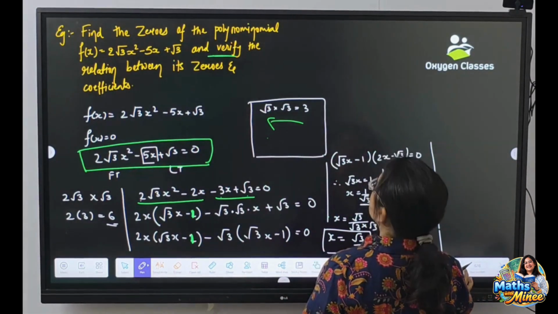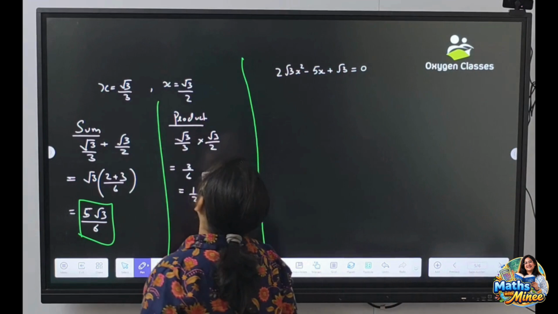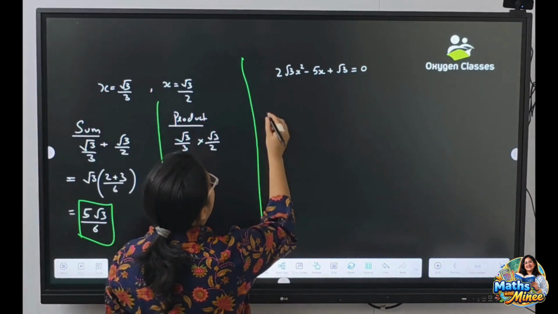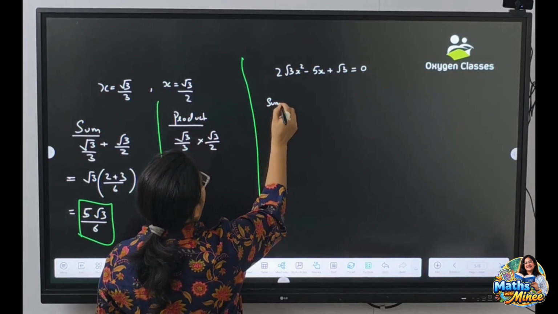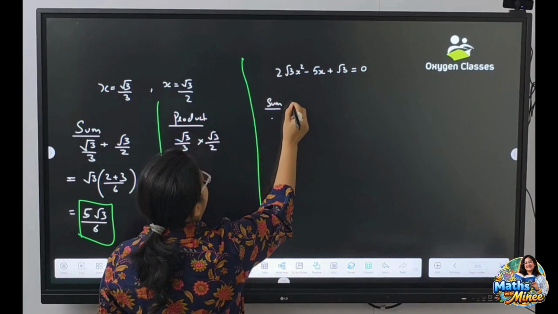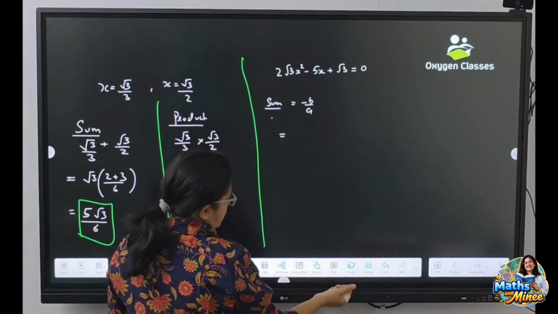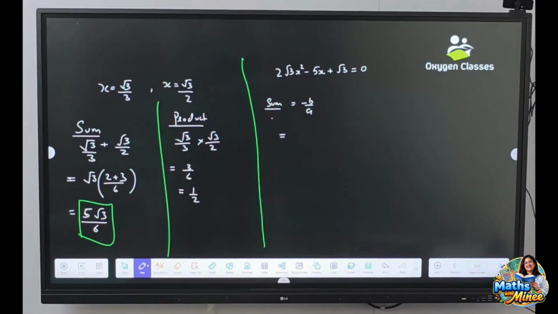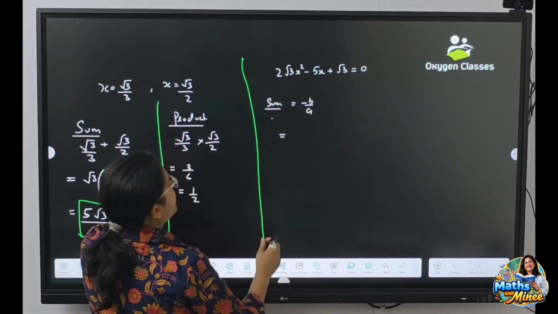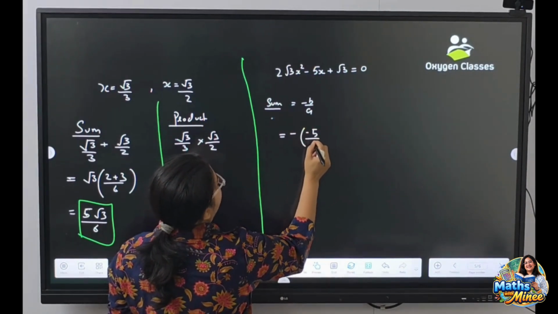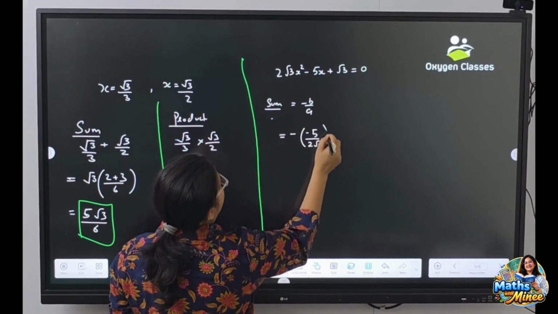Now as we have to verify this result, so we will use our formula, that for the sum formula is minus b by a. So let us just write again here minus minus 5 by 2 root 3.